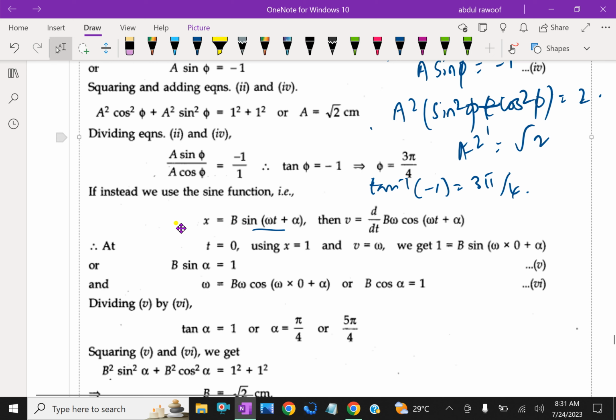Then differentiate this one. dx/dt is v, that is v = B ω cos(ωt + α).